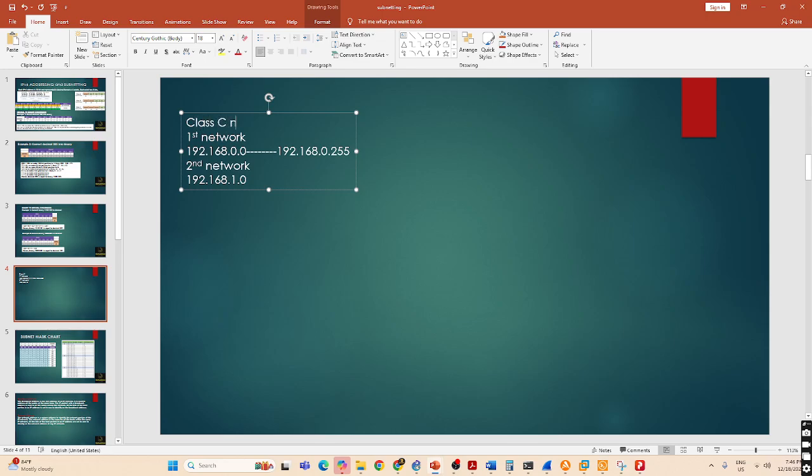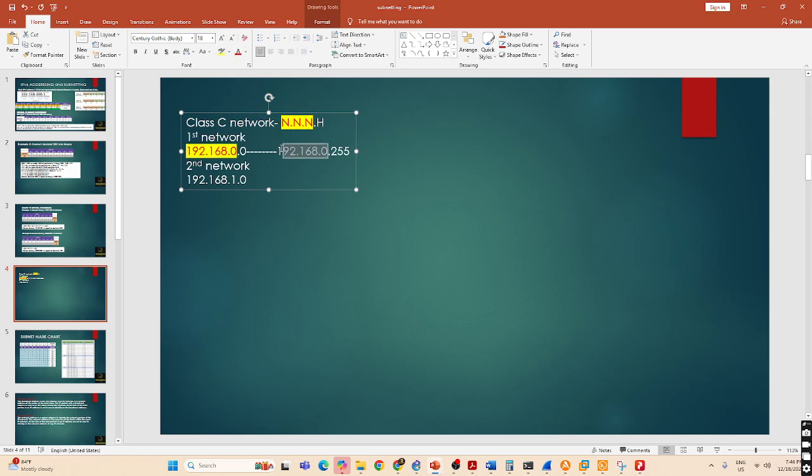In a class C network, how many network bits do we have? 24. So it means 24 network bits; the first three octets would be network bits, which we cannot change.